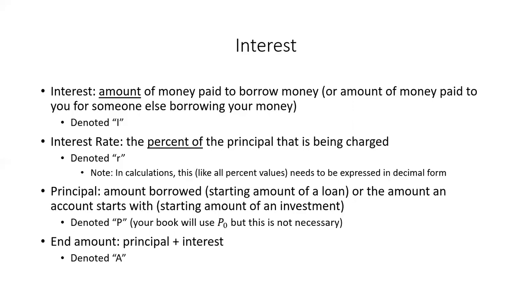And then just like before, whenever we had a tax rate on the cost, and then we had to add that tax amount to know what we had to pay altogether, we have that same amount whenever we're talking about interest. So we're going to have an end amount, and that's going to be the principal, whatever amount we borrowed, plus the interest. And we're going to see that denoted with a capital A.